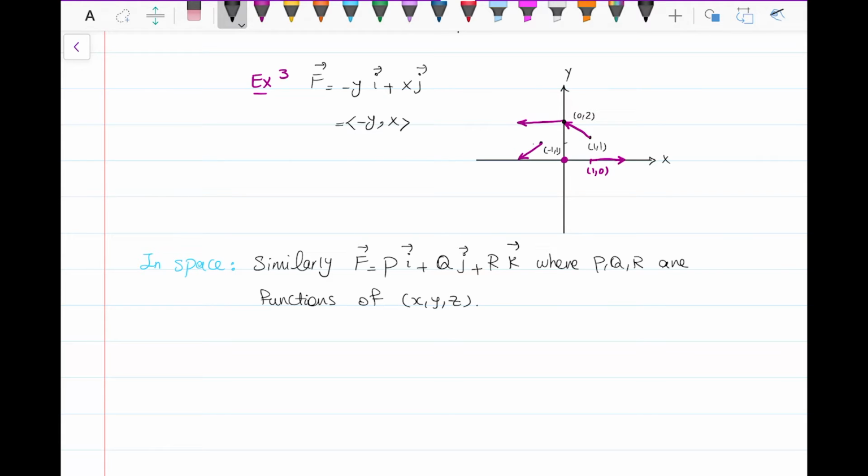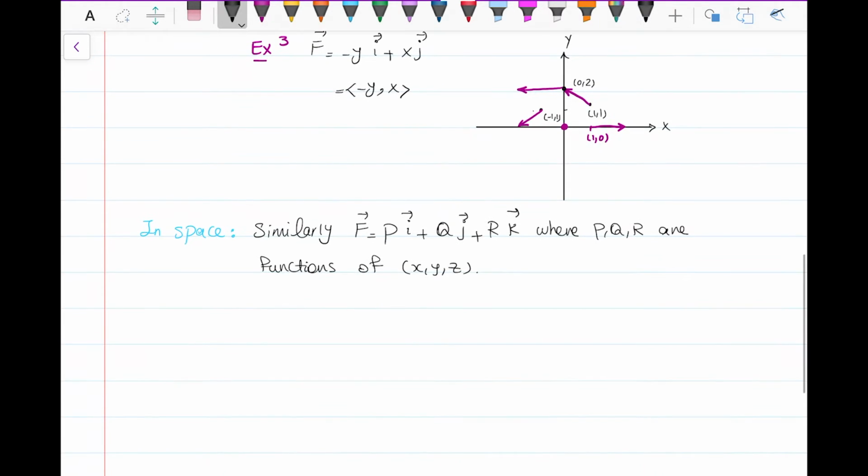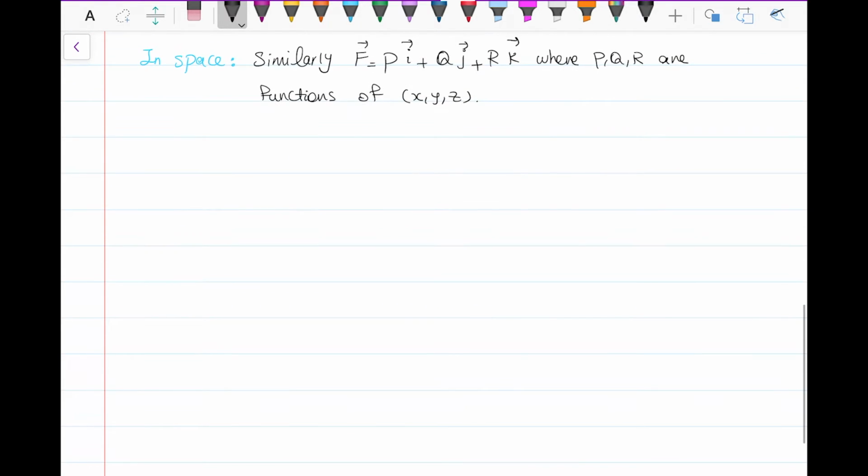So in a space, you need to plug in the point in a space which has 3 coordinates, x, y, and z, into your vector function, and then you get a vector. If you do it for all the points, you get a vector field.